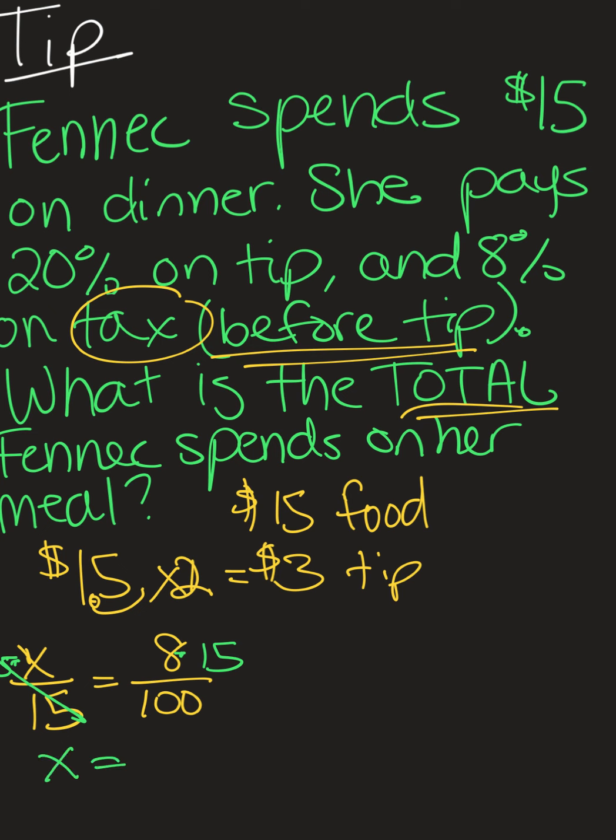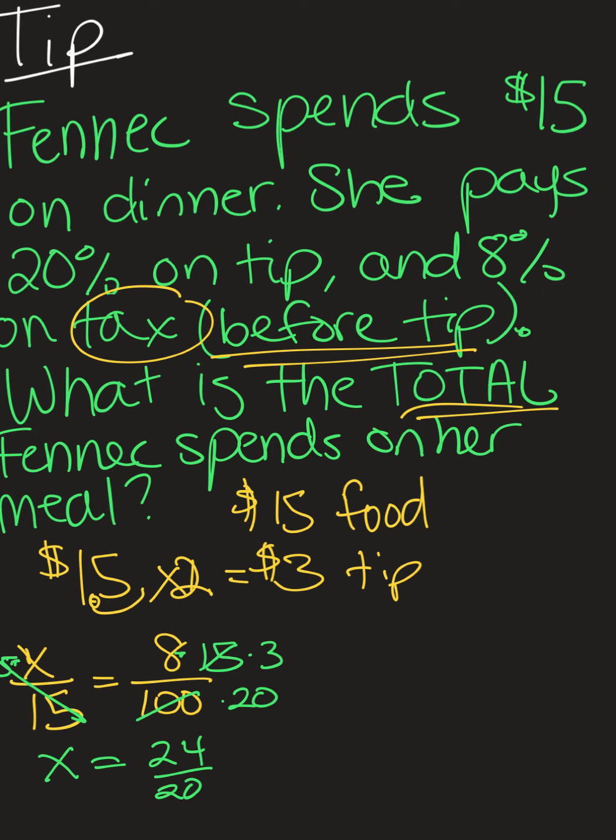And my tax is going to be, I'm going to simplify by 5 times 3, 20. So 8 times 3, which is 24 over 20. But that doesn't really help me understand what's happening here. So I'm going to simplify, and then I'm going to turn this into a decimal, okay?